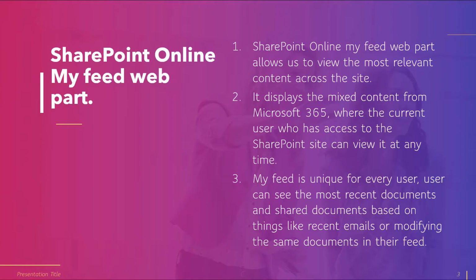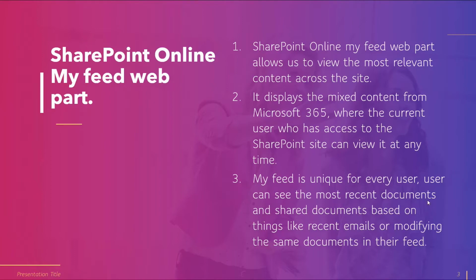So what is SharePoint Online My Feed web part? Actually, the My Feed web part allows us to view the most relevant content that are presented across our SharePoint site page. The contents that are displaying in the My Feed web part are presented in the Microsoft Office 365. The feed page will be unique for each and every user. The user who has access to the SharePoint site page can view their feed items in the My Feed web part.